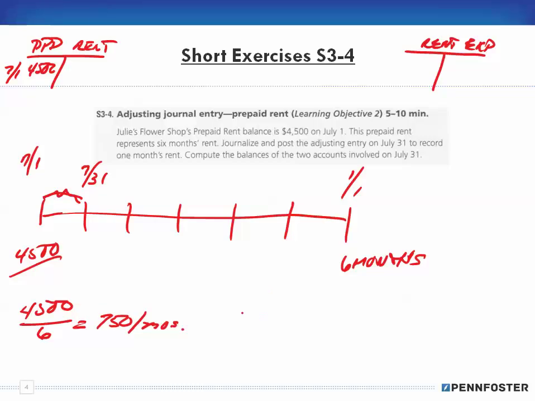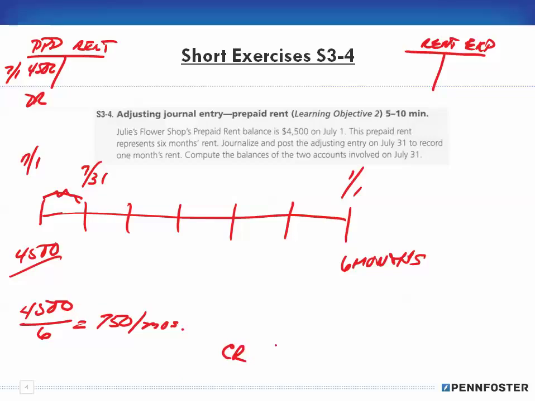Now, if I'm thinking from the perspective of a journal entry, am I affecting cash? No. Am I affecting accounts receivable or payable? No. Use an account that I already know. Well, the normal balance of the prepaid rent account is a debit, right? And I'm going to reduce it.